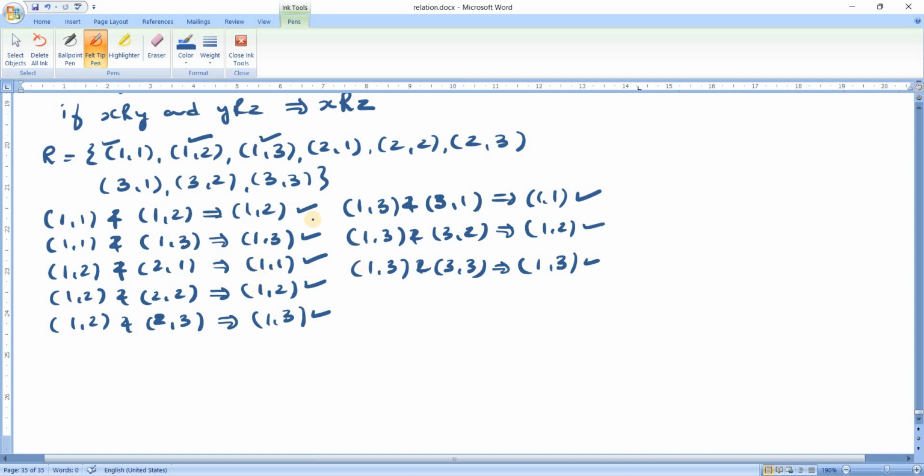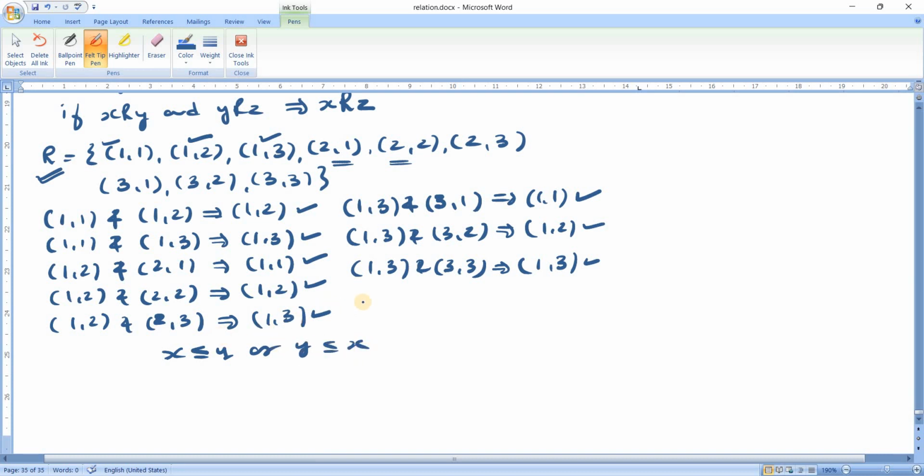Similarly, we can check this for any two pairs, if x R y and y R z, and we will see that for all conditions, this relation will hold transitivity. As we know, the condition is either x is less than or equal to y or y is less than or equal to x.